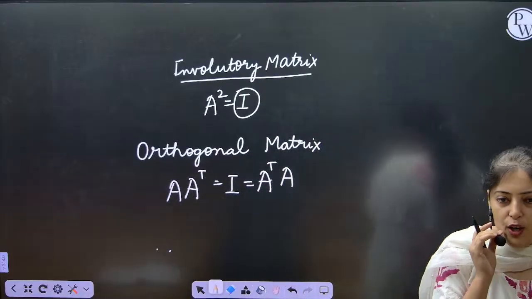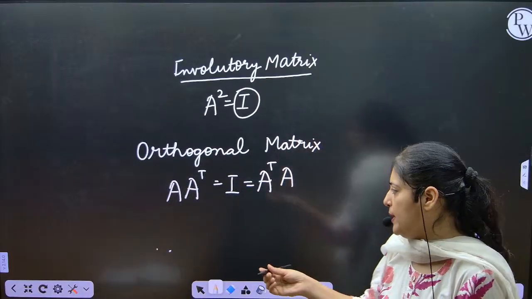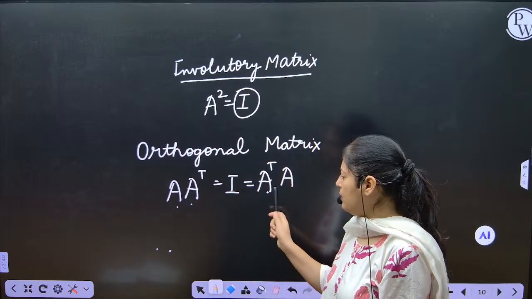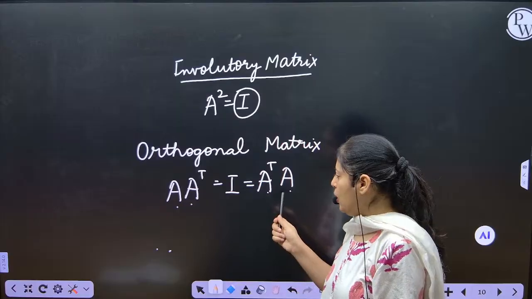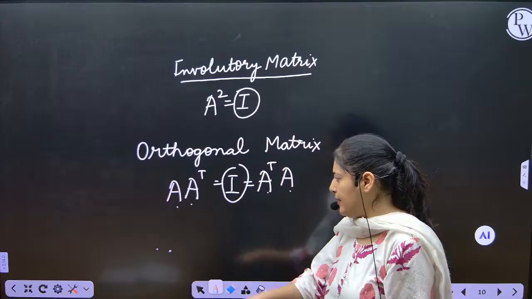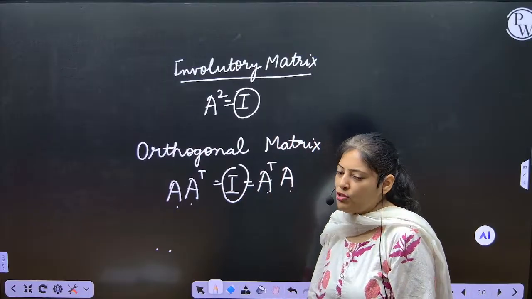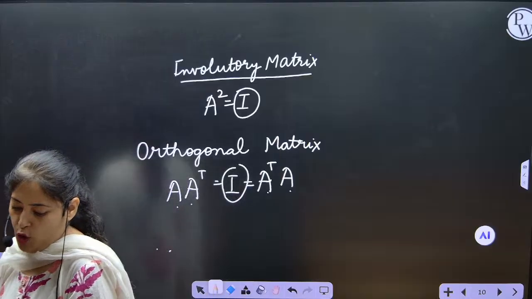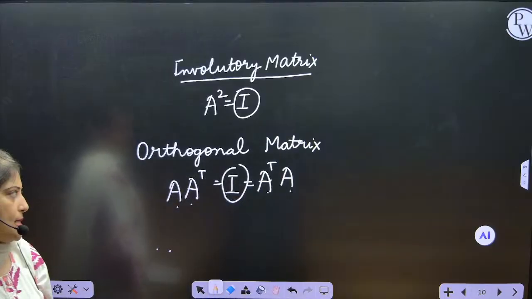If A and its transpose multiplied, or A transpose multiplied with A, comes out to be the identity matrix, that means the original matrix A is an orthogonal matrix.